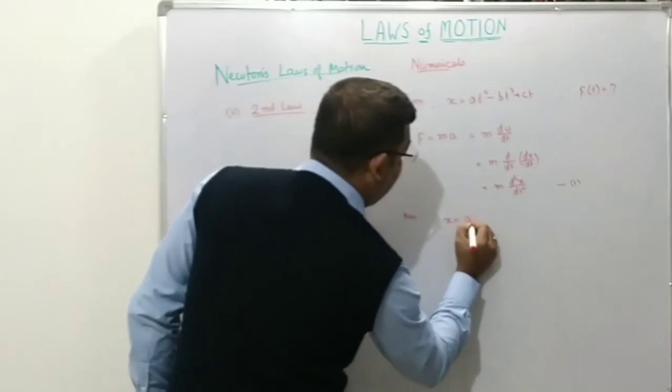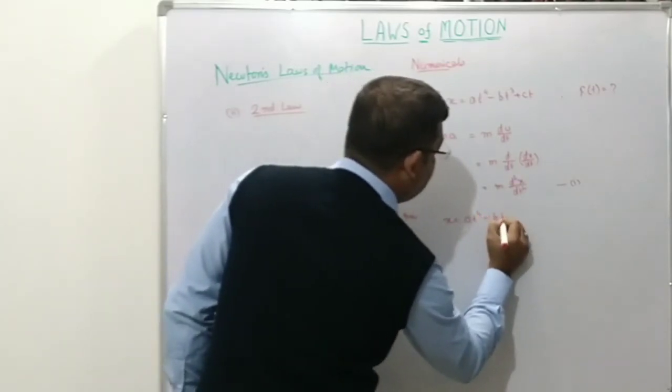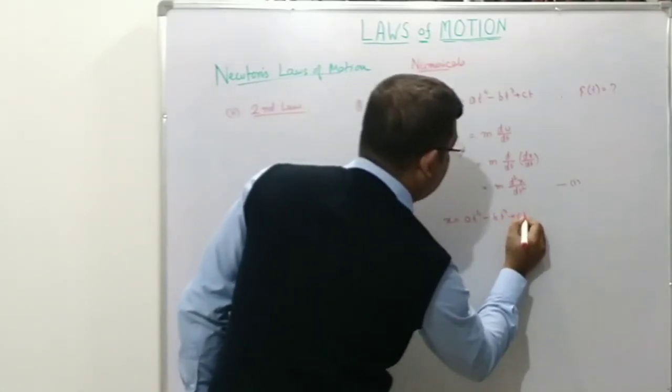To do that, let's say now x equals a t to the power 4 minus b t cube plus c t.